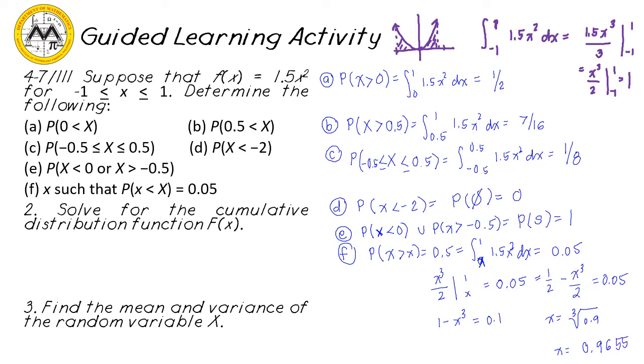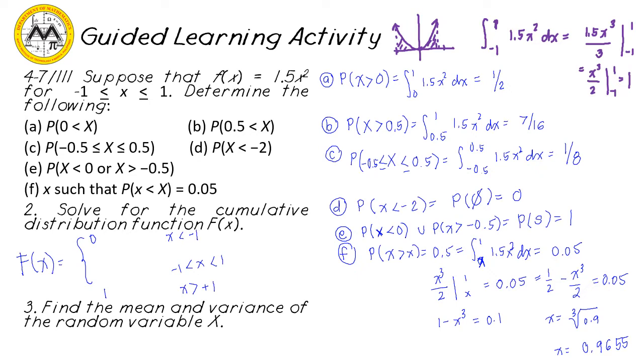Number 2, solve for the cumulative distribution function of f of x, or capital F of x. So if we are going to solve for capital F of x, it is equal to 0 for x is less than negative 1, and it is equal to 1 when x is greater than or equal to positive 1. So in between negative 1 and positive 1, it is the integral of 1.5x squared.